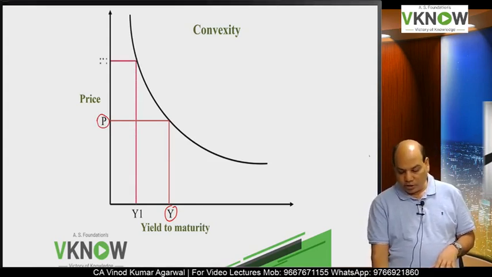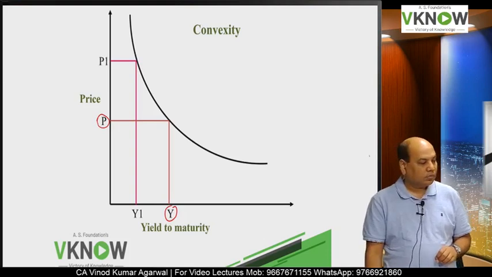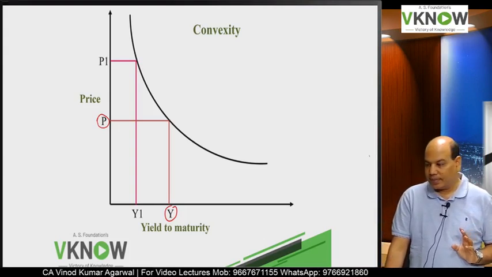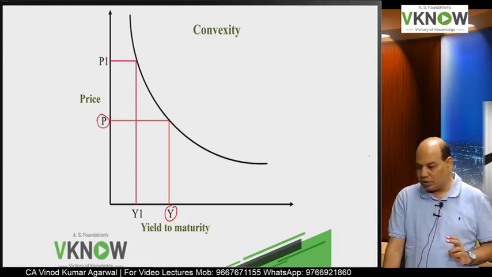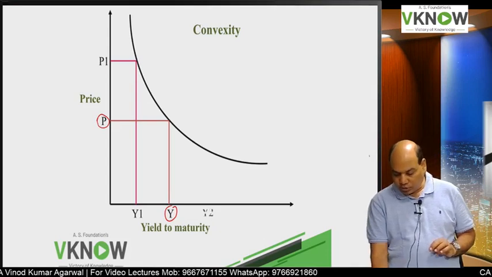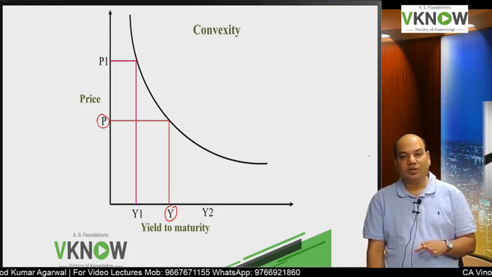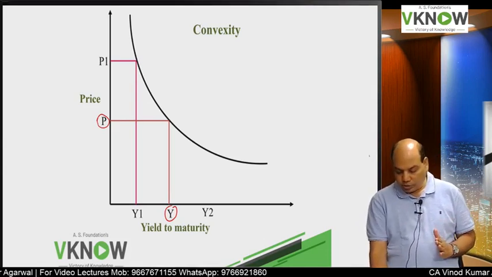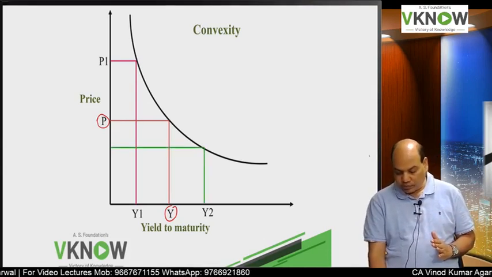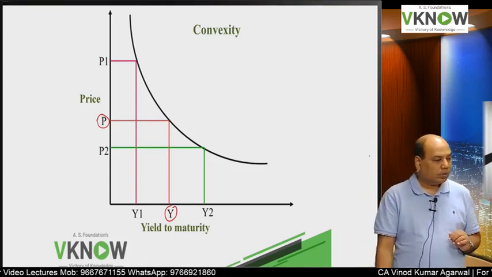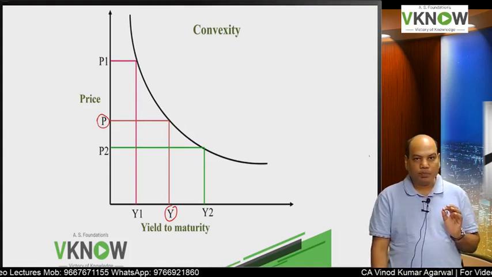Bond price will increase to P1. Draw this also. And suppose the YTM increases by the same percentage, it becomes Y2. Bond price will decrease to P2.